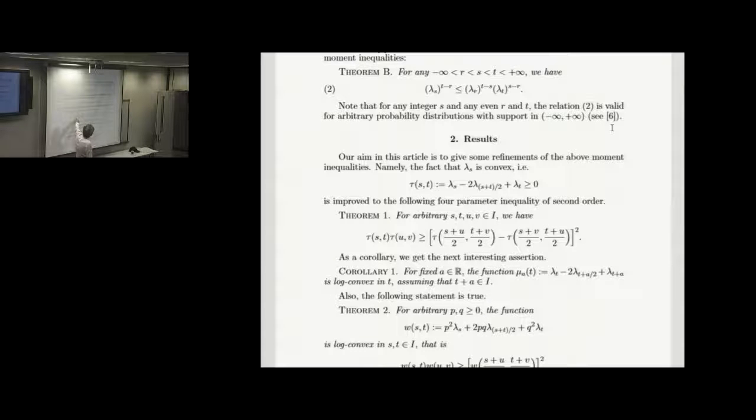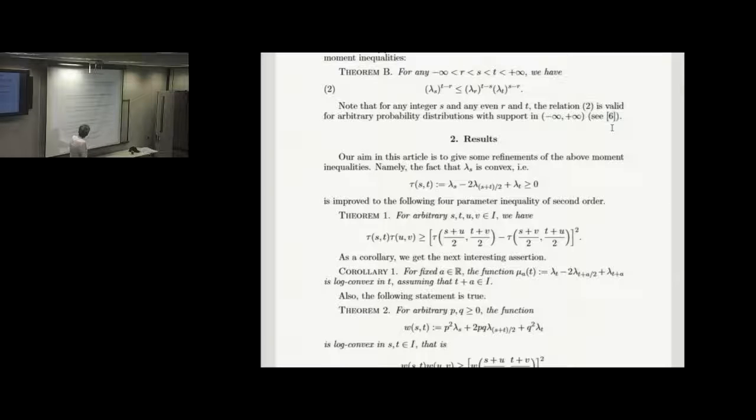This is theorem 1. So for this function we have that this product is always greater than this difference squared, for each S and T from this interval where moments exist. And so we have some corollaries that this function is always log convex, and so on.